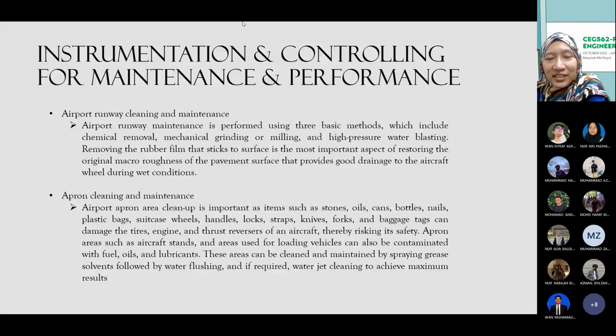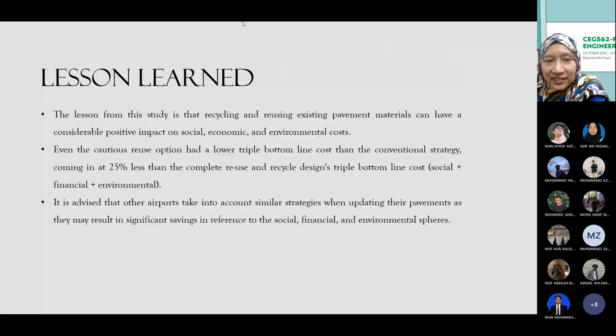Okay, the last one. What is the lesson learned that you can take from the case study? So for the lesson learned, the lesson from this study is that recycling and reusing the existing pavement materials can have a considerable positive impact on social, economic, and environmental costs.